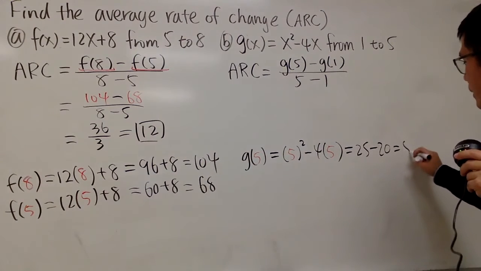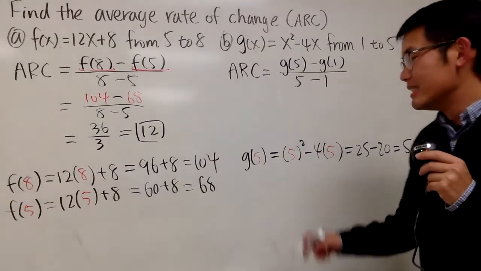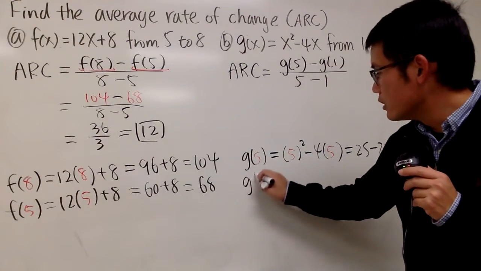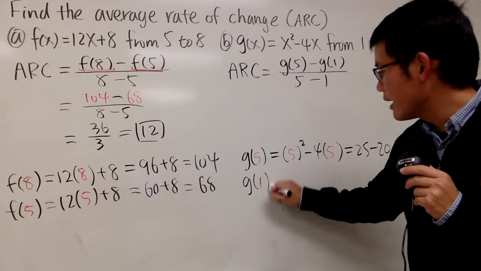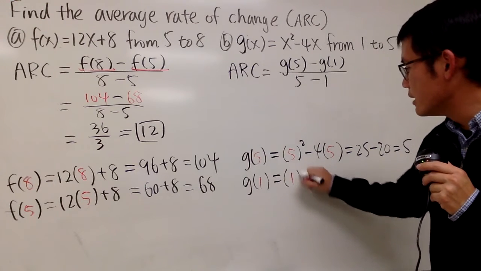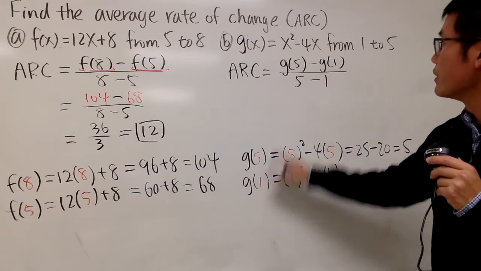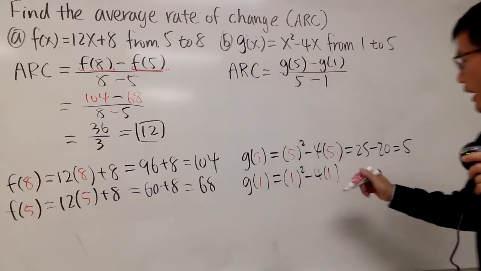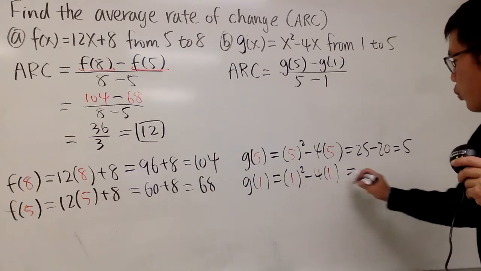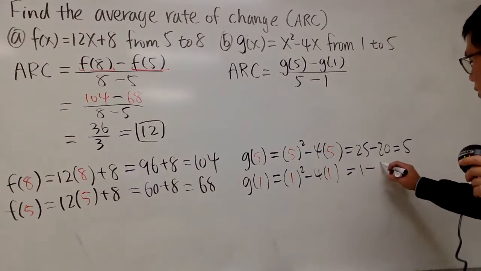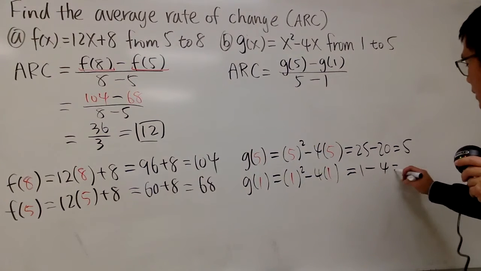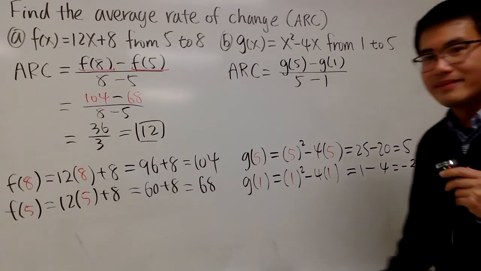So all in all, we end up with 5. Similarly, we'll do g of 1. G of 1 is right here. And that means I will put down 1, square that, and then minus 4 times 1. 1 for the x value here and here. And then we see this right here is 1, minus this right here is 4, and 1 minus 4, we end up with negative 3 like this.